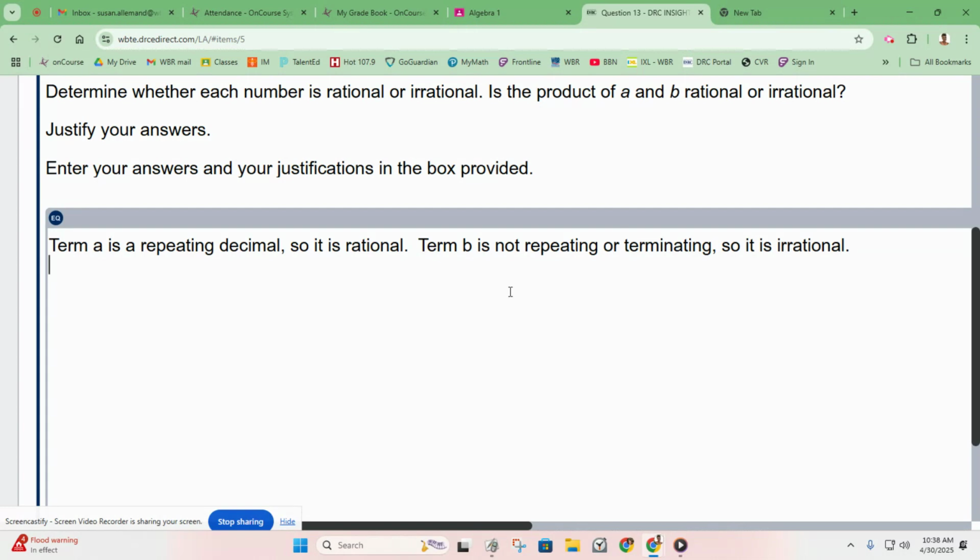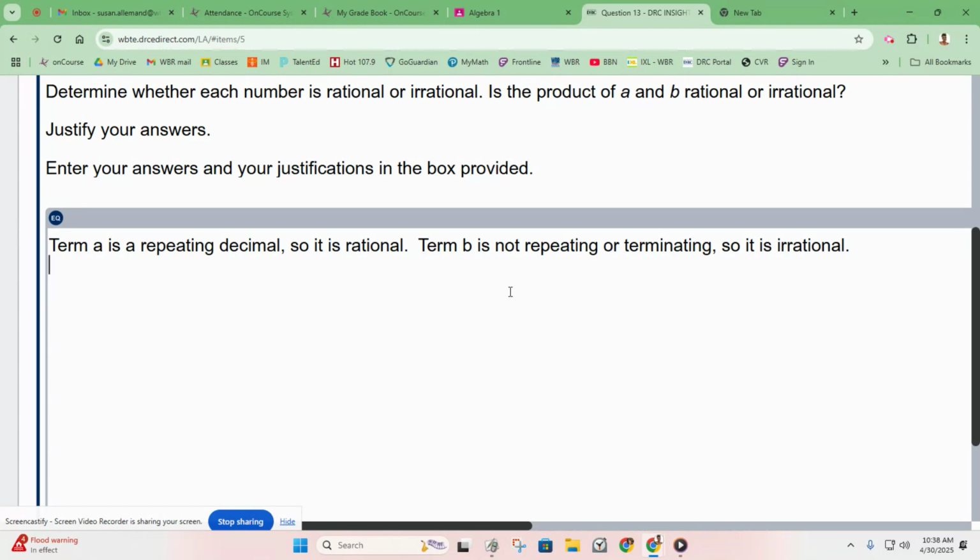So the first part said determine whether each one is rational or irrational. We've already done that. Now we have to decide if the product, if I multiplied A times B, would be rational or irrational. So the other day we looked at that problem where it was asking about rational and irrational numbers, and I said you could just pick numbers. So we had chosen 5 and square root of 2, right?